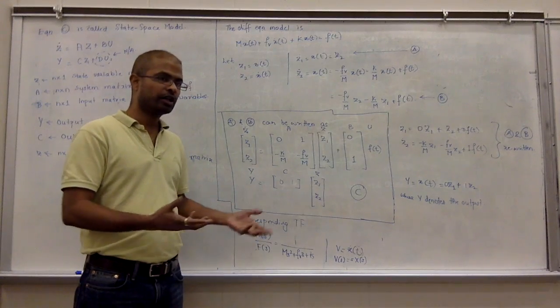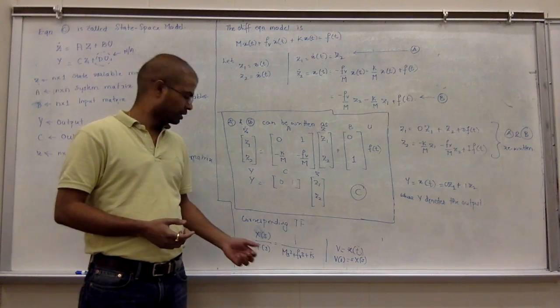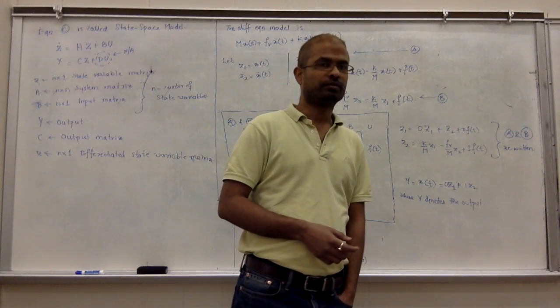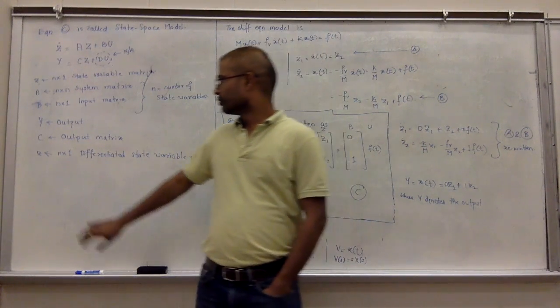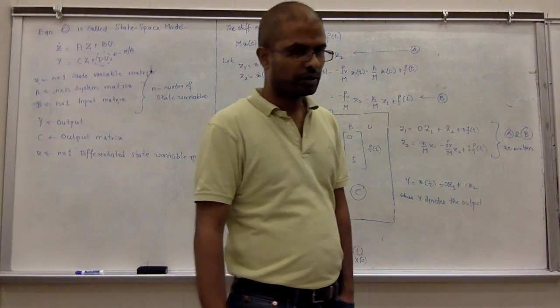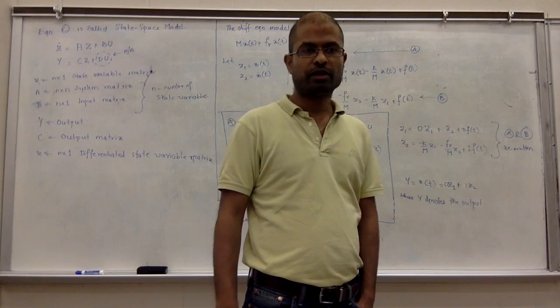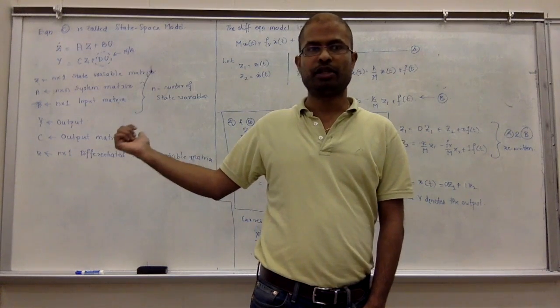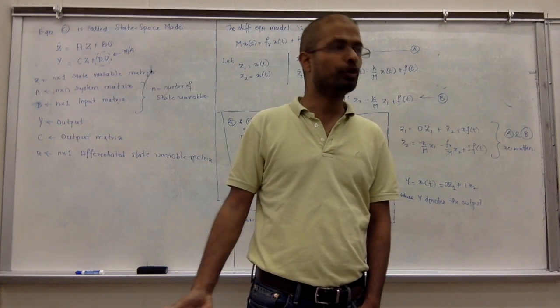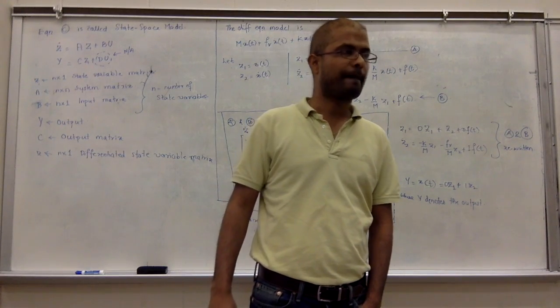So that is what we are trying to understand here, for a known input, how does the system respond? So we'll look at a typical spring mass damper system and an electrical system and see how we can develop these state space representations. Okay, and we'll look at what we do with those state space representations.